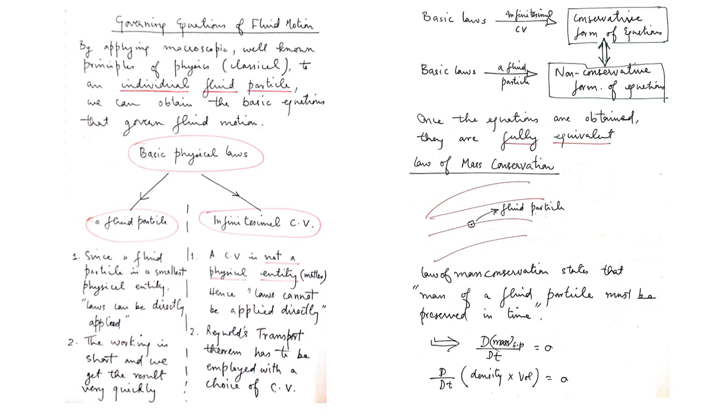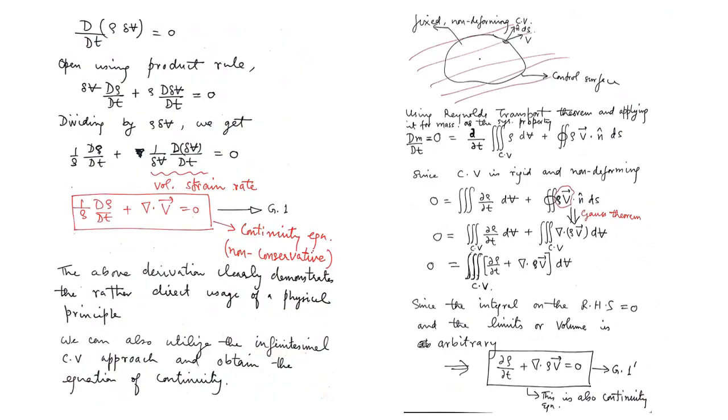So this is the mathematical equivalent of the statement of law of conservation of mass written in the language above. So once this material derivative is 0, then we can start working with the mass written as density into volume of the particle. And then we continue with this.